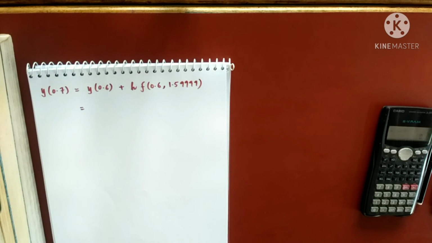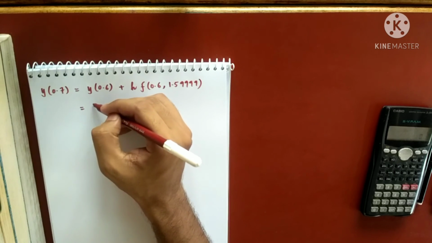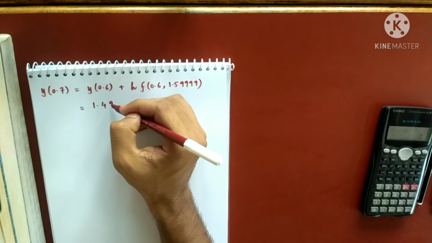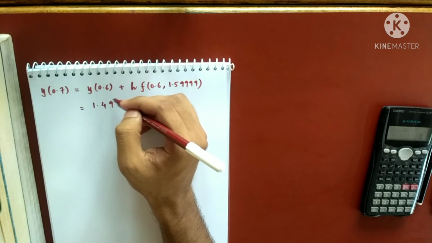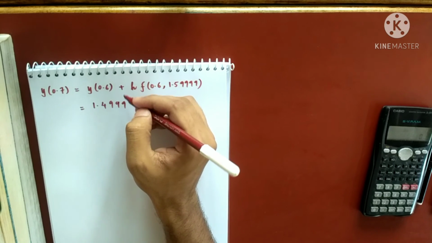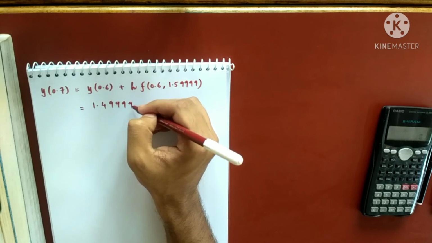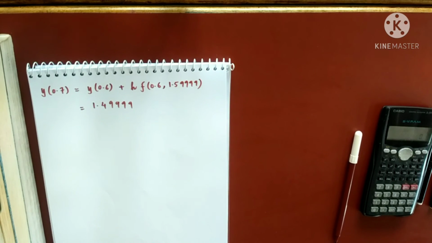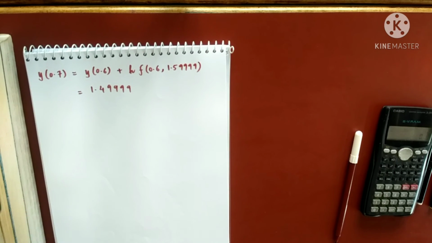I'm writing it down. You should get 1.4999. You may just check. Don't believe me, please check. Okay, you should definitely get this.